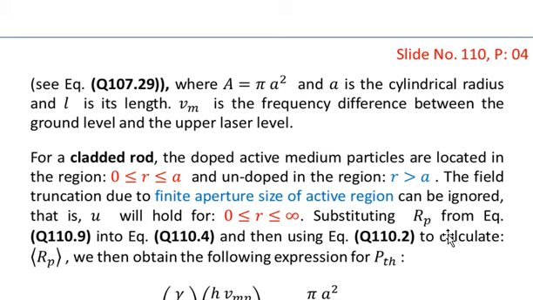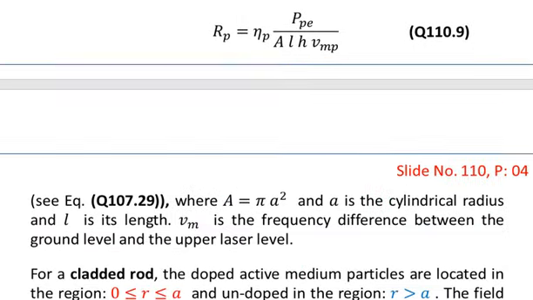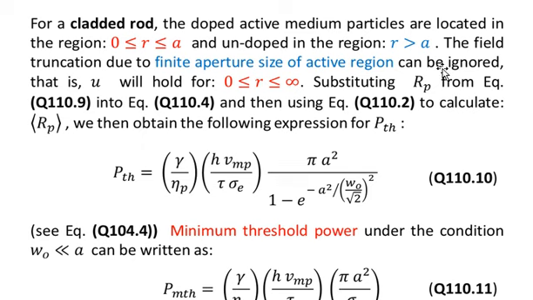Now, substituting Rp from equation number 9 into equation number 4, and then using equation number 2 to calculate Rp, we obtain the following expression for the pump threshold value.